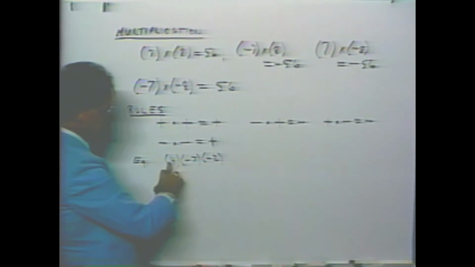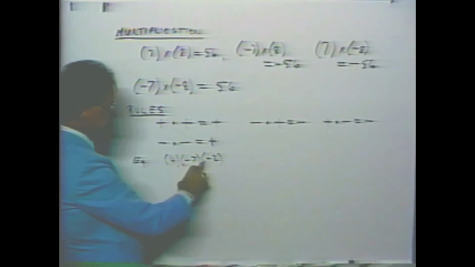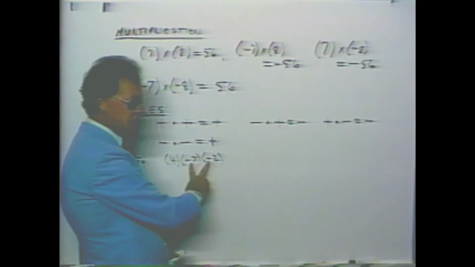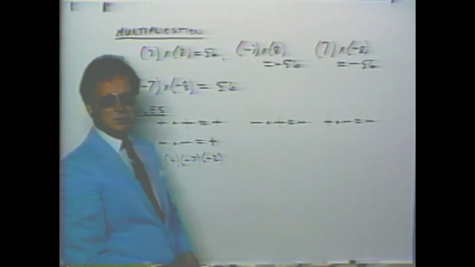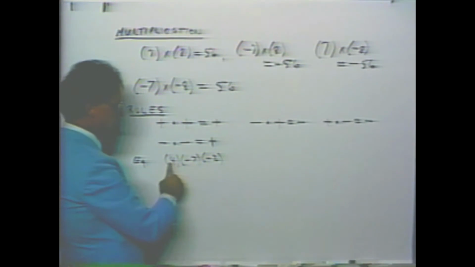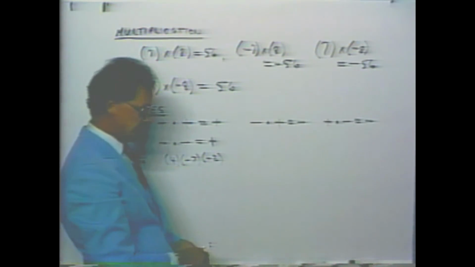Now, look at the signs in front of the integers. And notice that we're going plus times a minus, followed by times a minus. There are two minus signs here, so if they're multiplied, the result will be a positive number. And so positive times the positive number, which is here, is going to end up into a positive number.